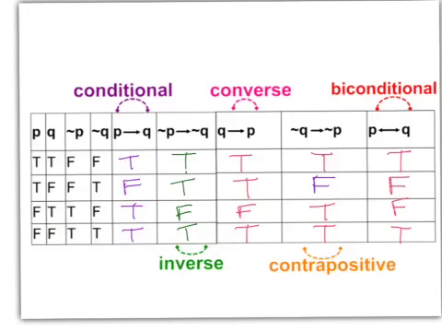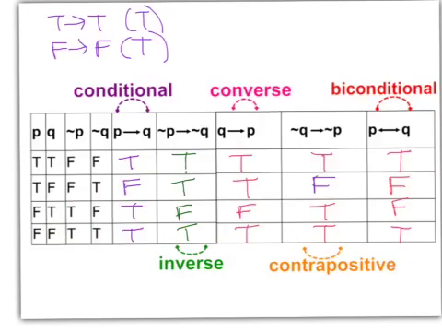So just to simplify it a little bit, when you're talking about a conditional, an inverse, a converse, or a contrapositive, when you have something true implying something that's true, the overall statement is true. Same thing when you have something false implying something that's false, the overall statement is true, because if the first statement isn't true, then the second statement isn't true.